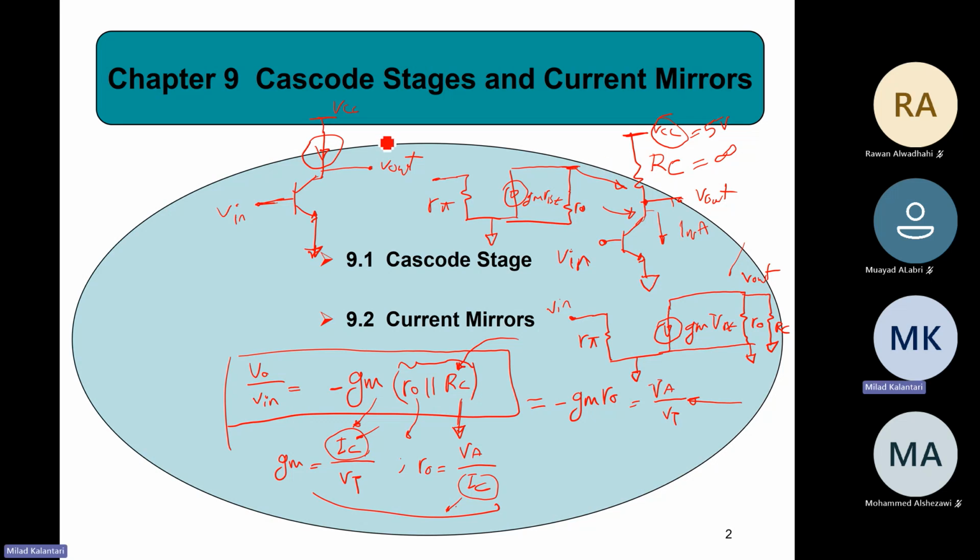So if we could put this current source basically here, it looks like we are putting RC as infinity from the small signal perspective, right? But does it have any problem with the bias? Because for the RC, it has a bias problem, right? If you make it infinity, then the collector voltage will drop, so that the device goes to saturation. It cannot work in active mode anymore. But is there any problem with this for the bias?